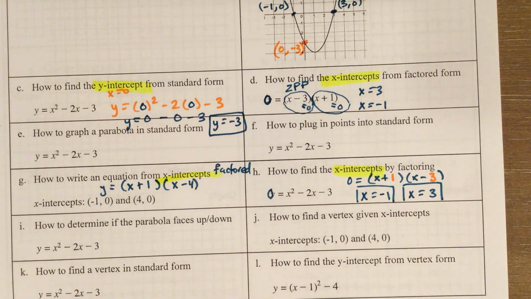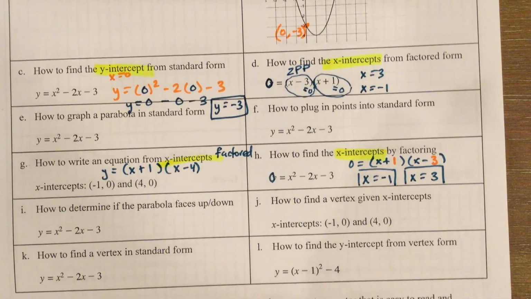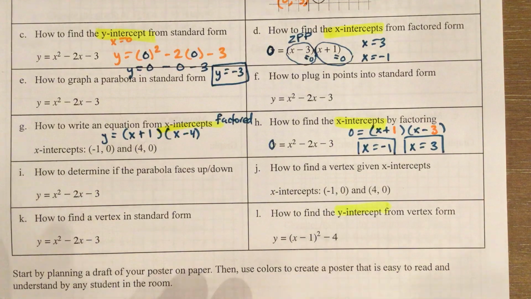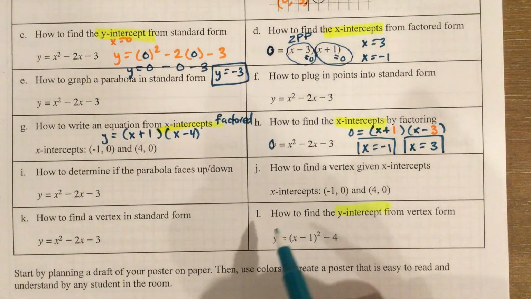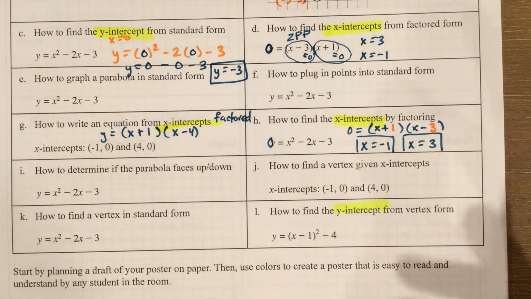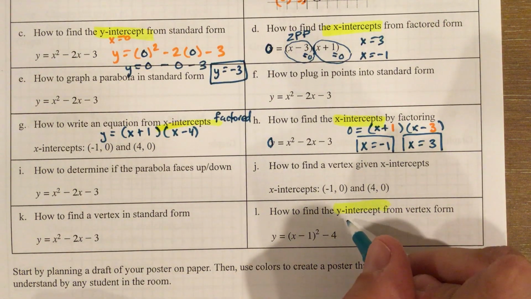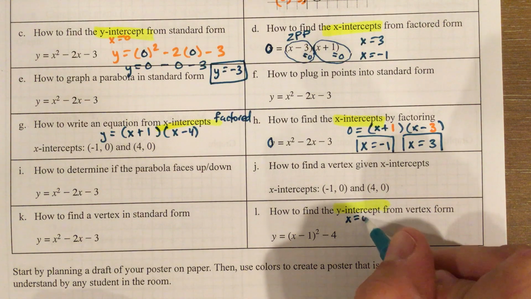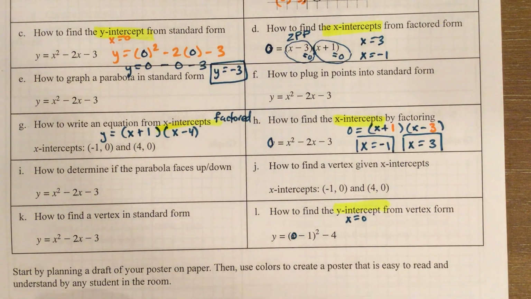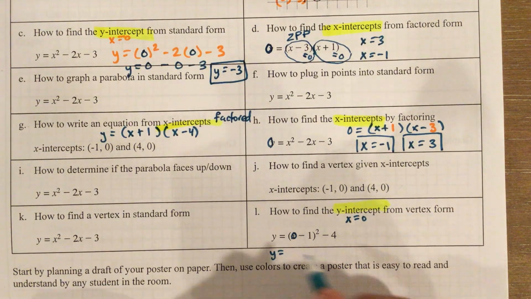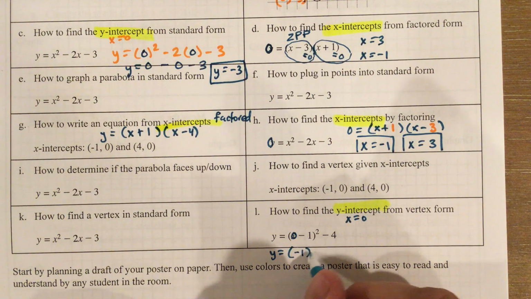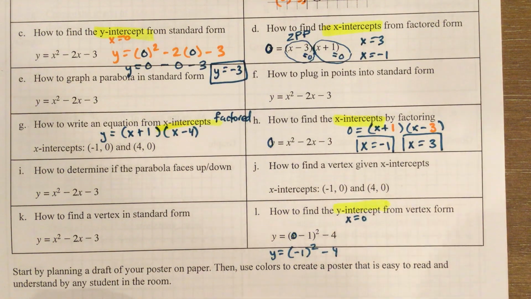Okay, and it looks like we have one more problem that's asking for a y-intercept. It's at the bottom. So y-intercept is on that letter. Right? So how do you find a y-intercept from vertex form? Vertex form obviously isn't the greatest way, but for a y-intercept, we always want to think the other letter, x equals 0. So I'm just going to plug a 0 in that spot. Right? So we have y is equal to, and 0 minus 1 is going to be negative 1, which needs to be squared, and then 4 needs to be taken away.